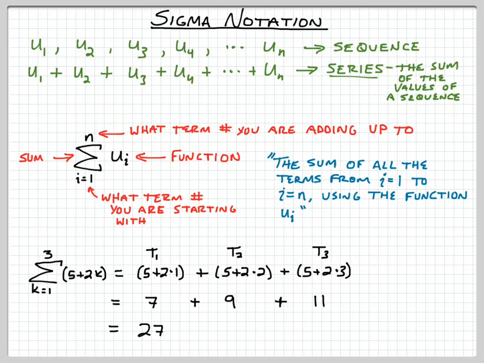That's the sum of all of the terms from 1 to 3 using the function 5 plus 2k. You may want to write down this general notation, or the blue sentence here, in your notes to keep track. We're going to go through a couple more examples so you can see how this can be worked with in different ways.